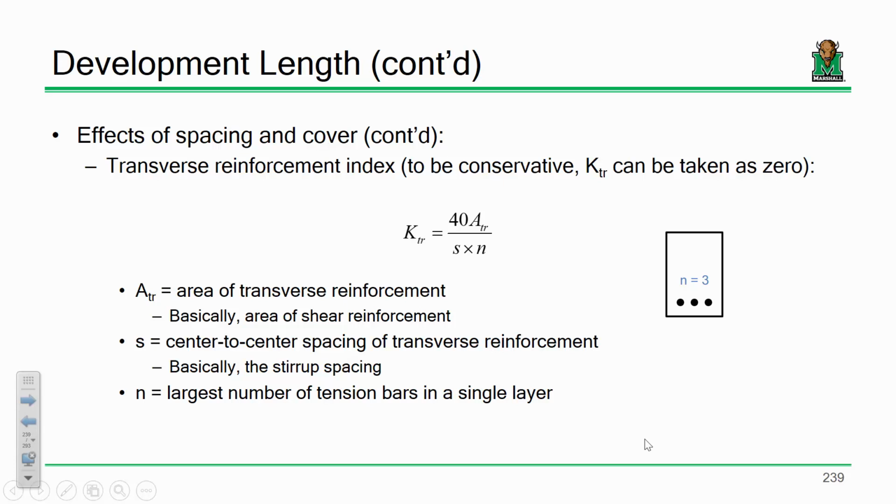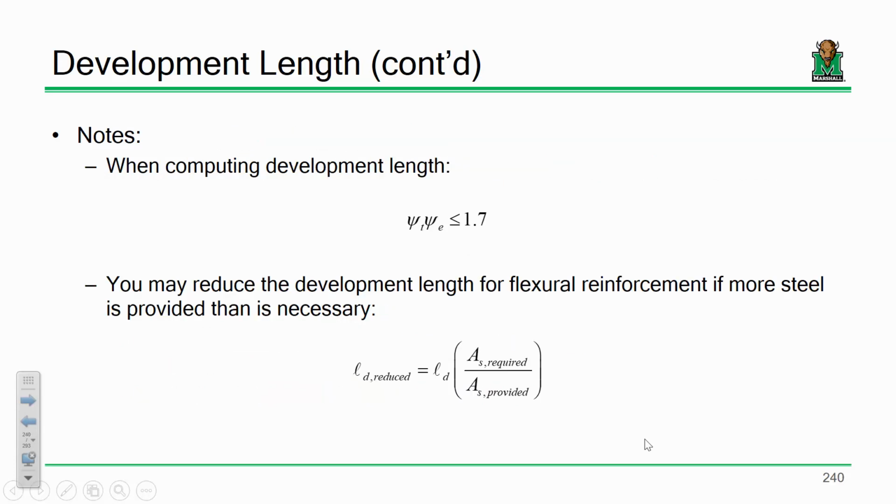Well, more stirrups mean they're going to confine that concrete a little better, and they're going to provide a benefit from a development length perspective because you're going to hold everything in so that concrete's going to grip a little better. So I'm going to just sort of move past this now. I don't want to get too heavy into the details, and don't worry, we're going to investigate this pretty significantly. But basically, KTR is a measure of how effective your transverse reinforcement is performing.